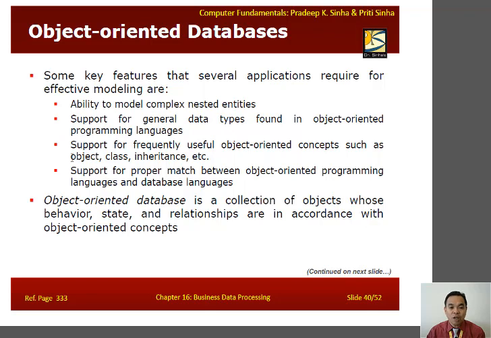So please put in your summary note what is this object and programming language and define what is class and inheritance. An object-oriented database is a collection of objects whose behavior, state, and relationships are in accordance with the object-oriented concepts.